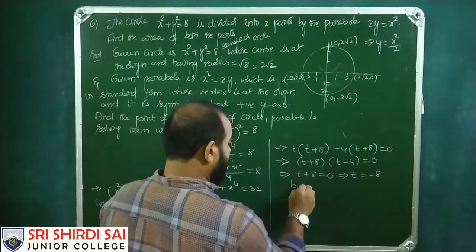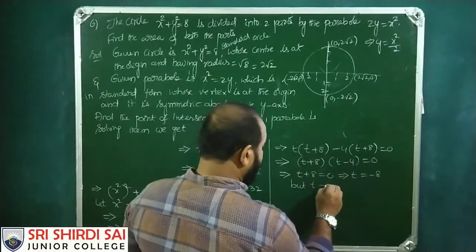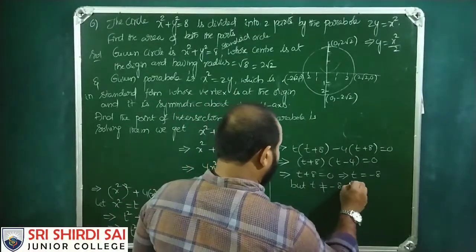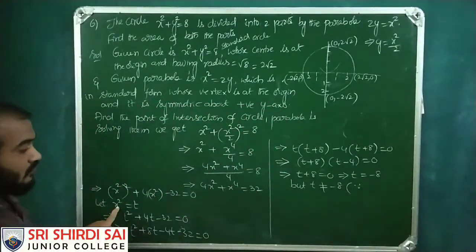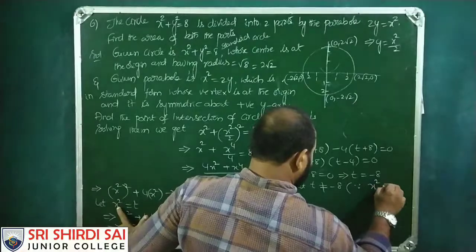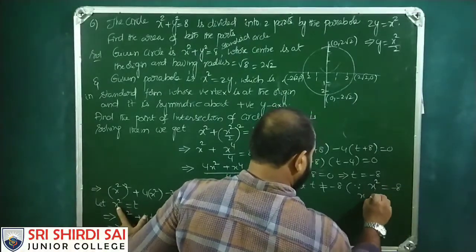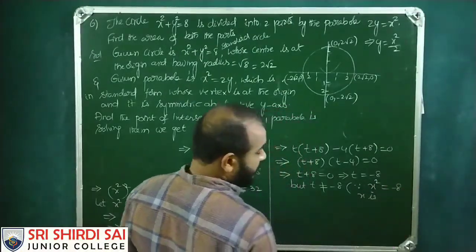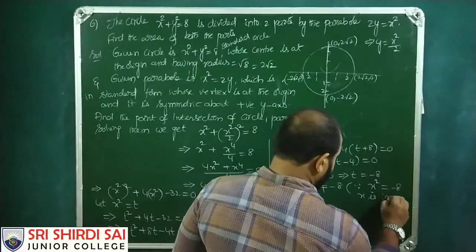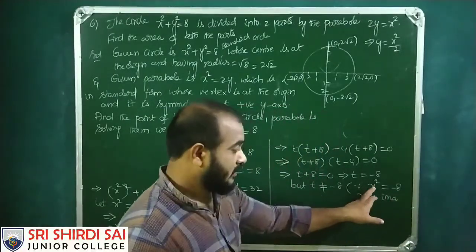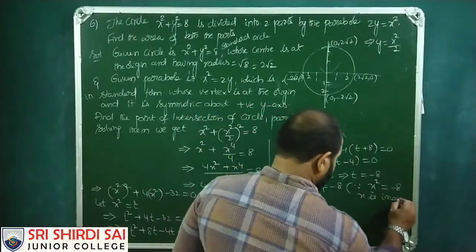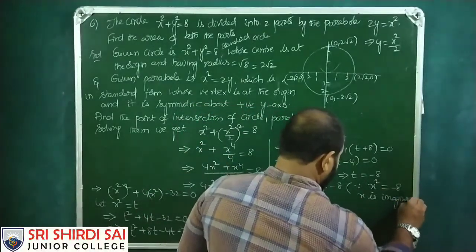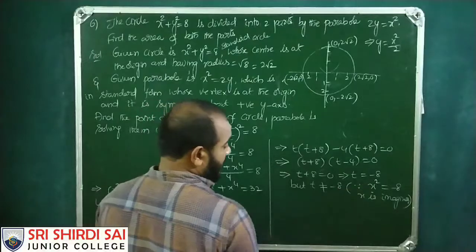But t is not equal to minus 8, since t value is x square. X square equals minus 8 means x equals root minus 8, which is imaginary. So this is not going to be the one.